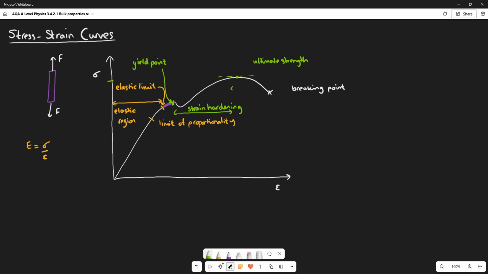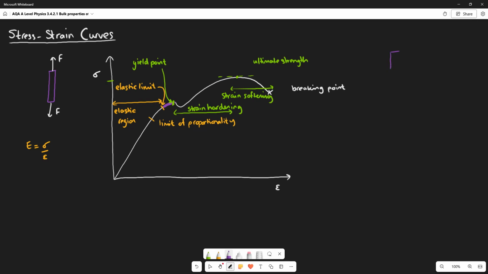After that point, the material begins to weaken, and it's because those imperfections become too dense and they start to break down. And that's called strain softening. As the imperfections break down, they do so in an irregular way, and you will end up with a weak point within the material.